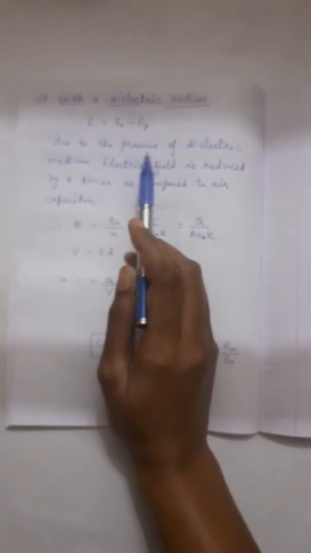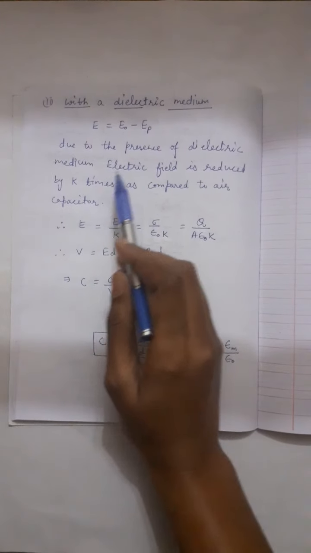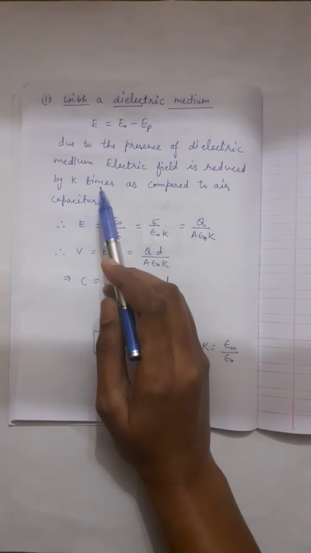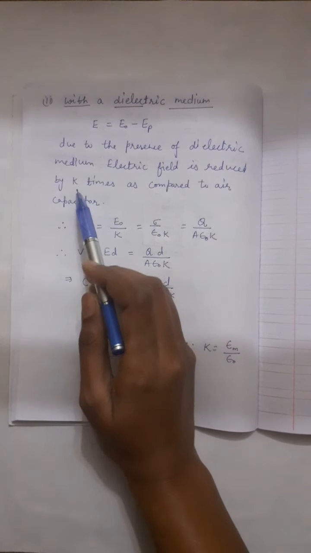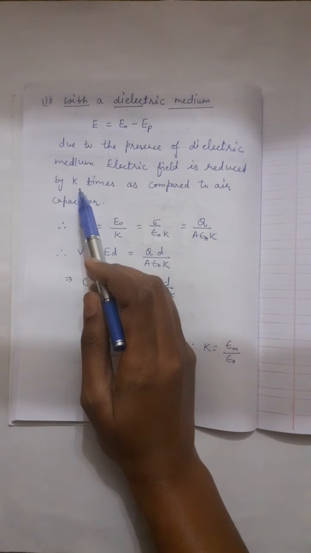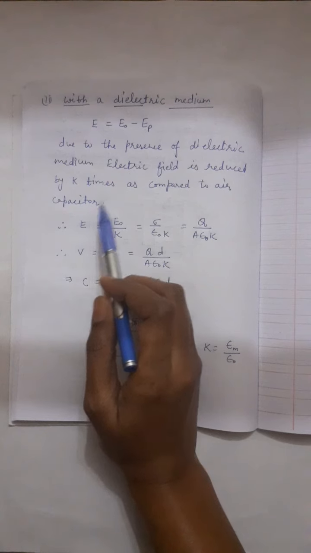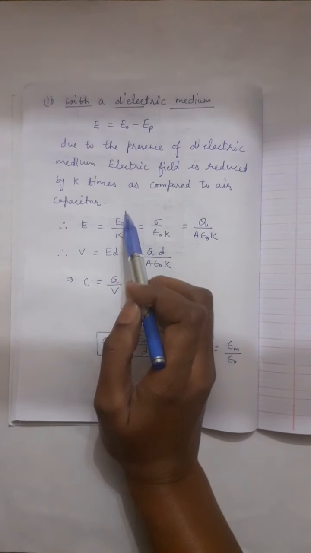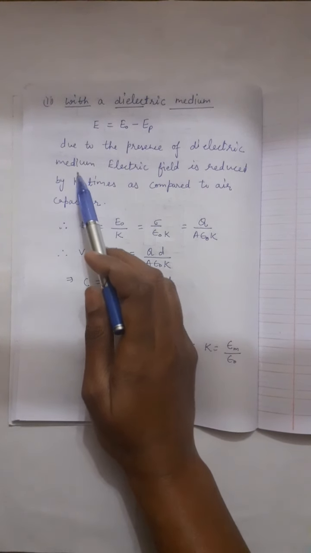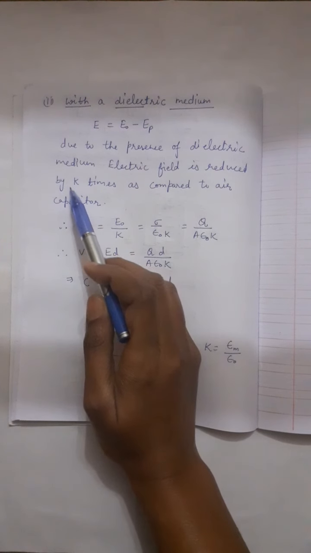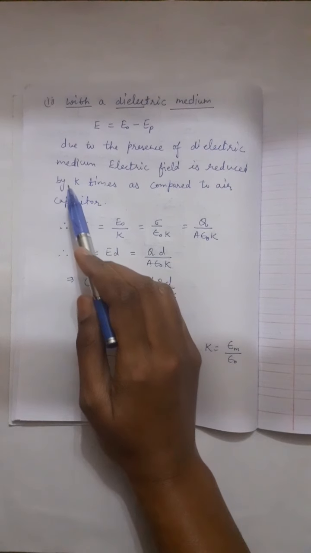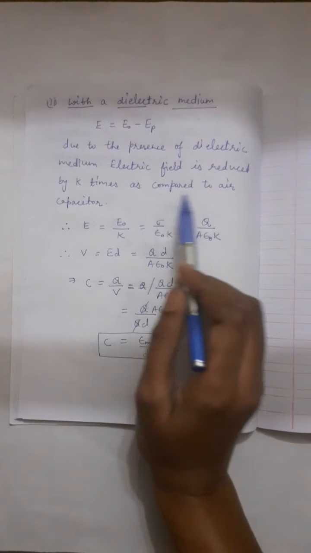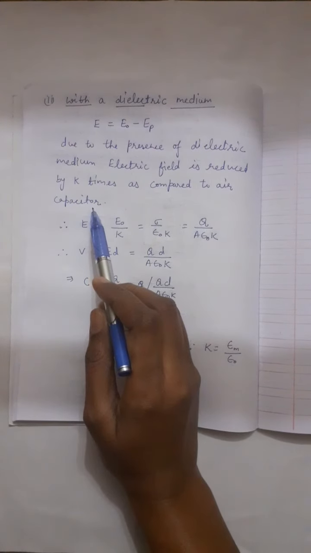So due to the presence of dielectric medium, the electric field is reduced by K times as compared to air capacitor, where K is the dielectric constant of the medium. It means if we are filling the medium between the two parallel plates with the dielectric having the dielectric constant K, its electric field will be reduced by K times as compared to the air capacitor.